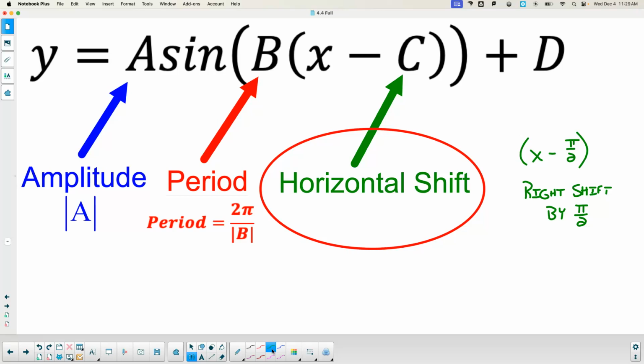Okay. If I see x plus 7 there, we're going to take our graph and that is going to be a left shift by 7. We got to think oppositely on that.